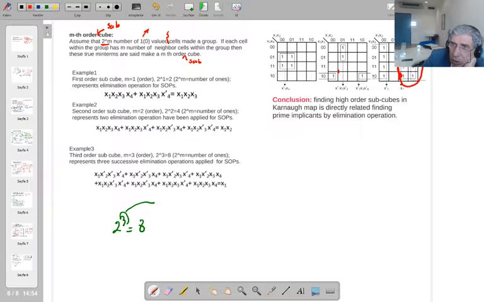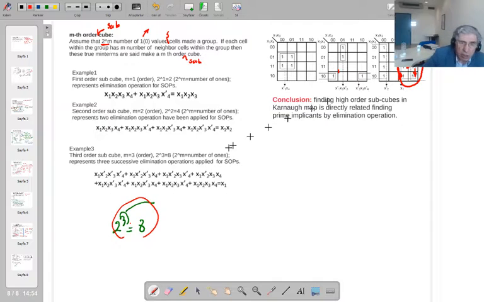Consider this one, neighbor to this one 1, neighbor to this one 2, neighbor to this one 3. So if it is repeated for all the ones, you're going to end up with each one within this group has got 3 neighbors. Therefore, these 8 ones make a third order subcube. That is the subcube.